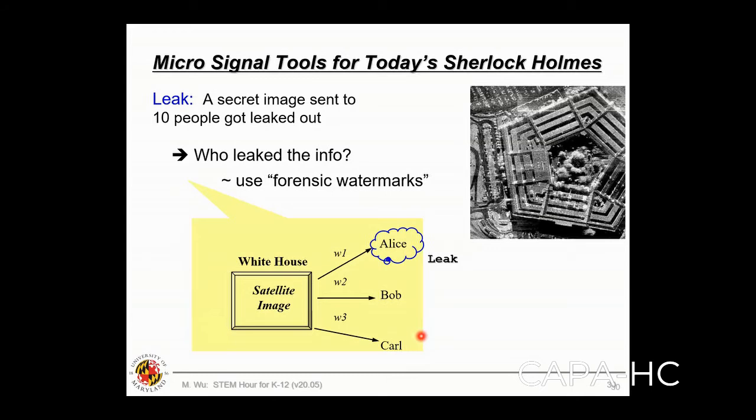Both government agencies as well as Hollywood today could use this as a way to embed and encode hidden labels into the picture. So if someone leaked this secret information, we will be able to see whose digital watermark is there and hold this Alice accountable. So that's the idea of forensic watermark.